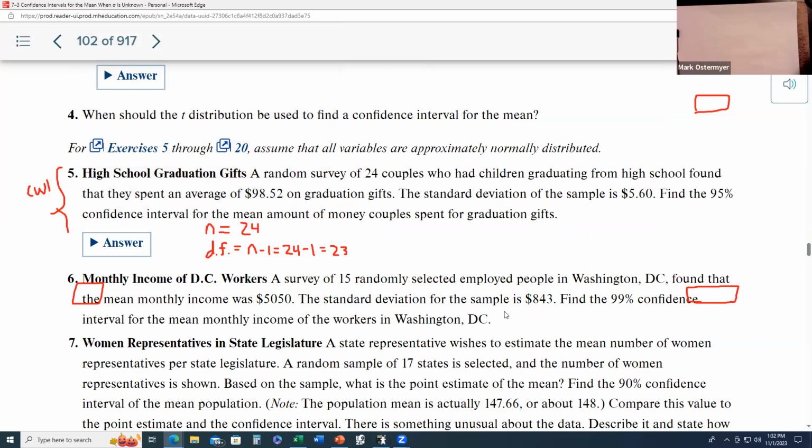Of course, you need to know your critical t value. The 99% level of confidence is one of the nice levels of confidence for your t table in Appendix A5 if you don't have the inverse t function. So let's do problem number 6 manually. Okay, we'll call this classwork number 2 manually.